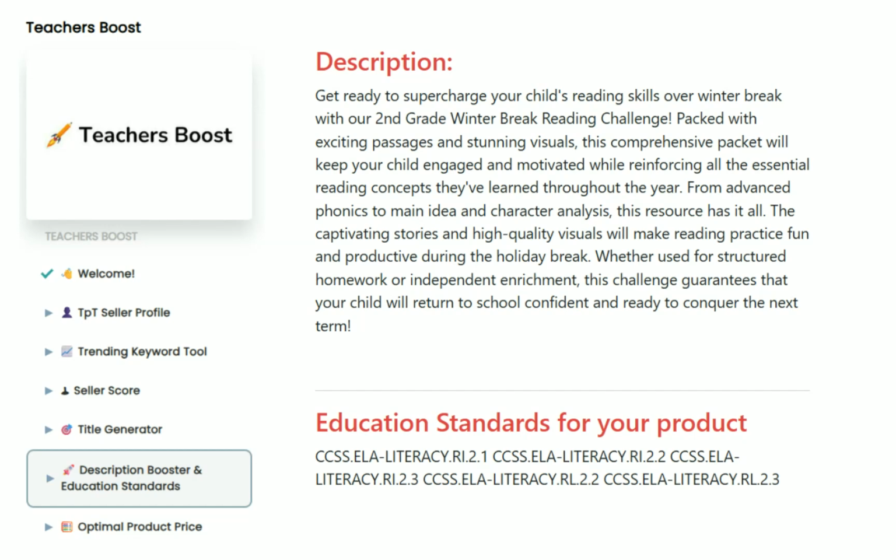What it gives me is a description which is already SEO optimized and it fits the requirements of an effective product description for TPT. It'll also include the education standards for my product, which is super, super helpful. Ultimately it serves as my number one shortcut for writing product descriptions, mostly because it saves me so much time and so much effort.